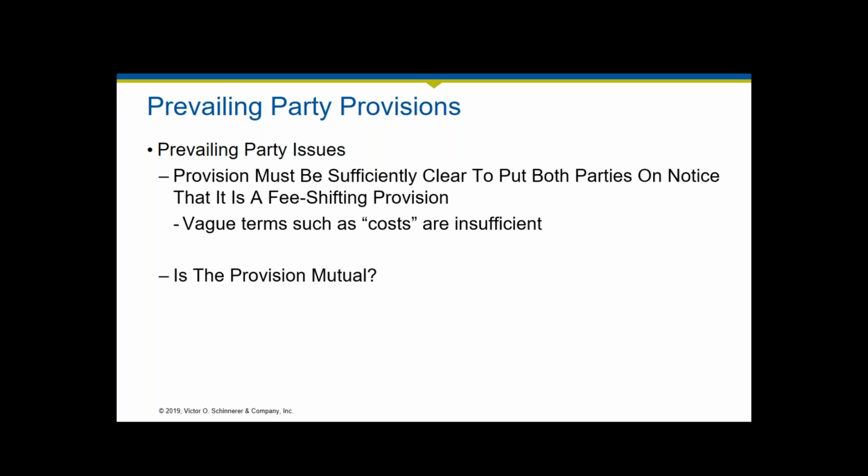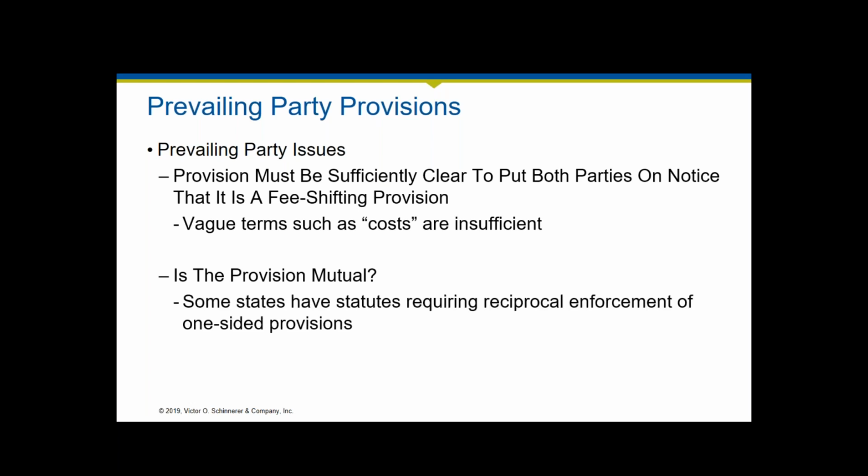Some states require that a prevailing party provision be mutual, so that if there's a prevailing party clause favoring one party, the states may well have a policy or case law that states that if there's any fee-shifting provision like that, it's going to be reciprocal regardless of what the contract says. If you're in one of those states, you need to be aware of that.